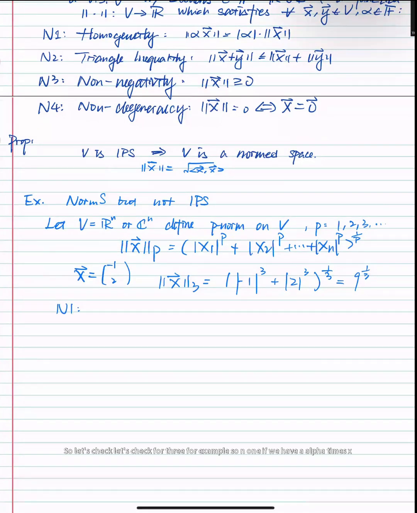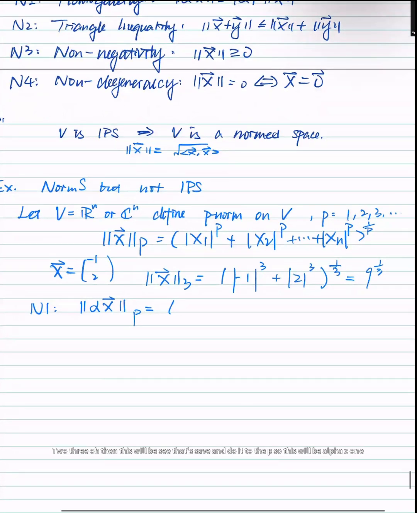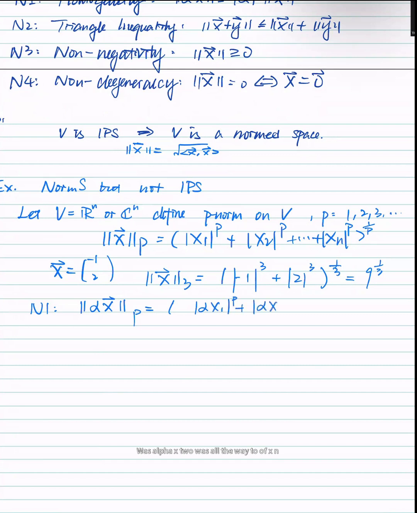For property 1, if we have alpha times x in the p-norm, then this will be alpha x1 plus alpha x2 plus all the way to alpha xn, each raised to p.